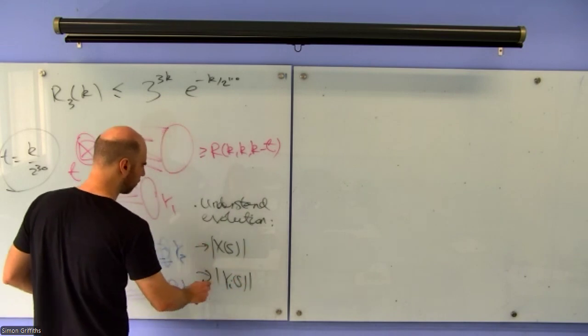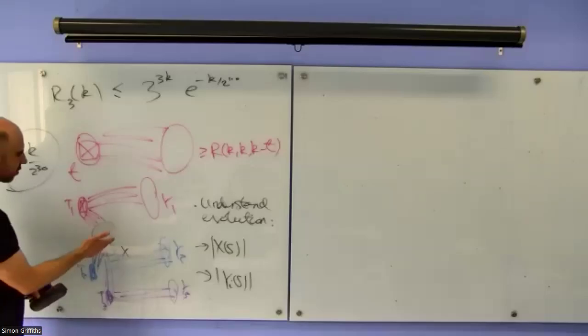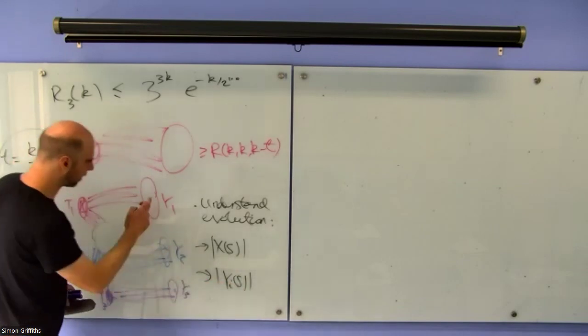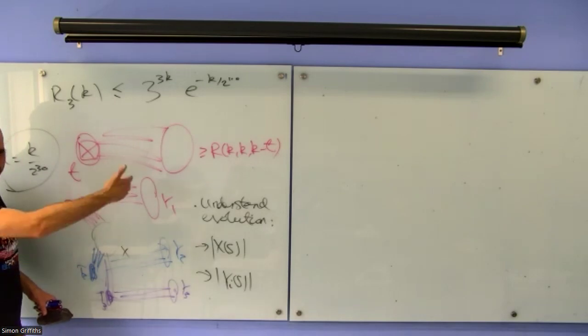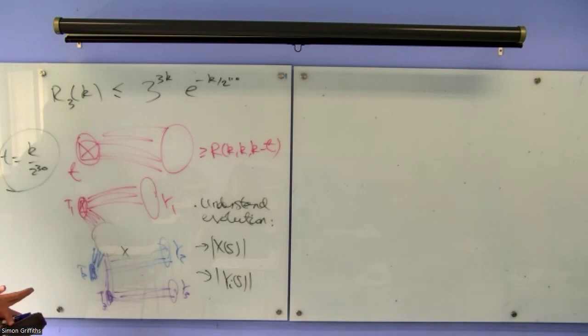These are the two big things we need to do. If you understand the evolution of X, you can say the process lasts long enough that one of these cliques gets to size T. And if you understand the evolution of these Y sets, then you know at the end of the process they are big enough that you really have a proof of the theorem.